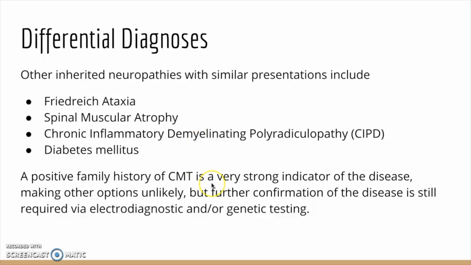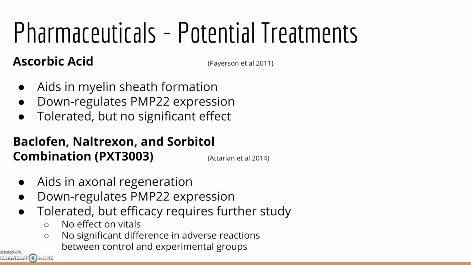Ascorbic acid and a combination of baclofen, naltrexone, and sorbitol, known as PXT3003, have both been shown to downregulate PMP22 expression, as well as help in the formation of the myelin sheath and axonal regeneration, respectively, making them both contenders for a pharmaceutical treatment for CMT.